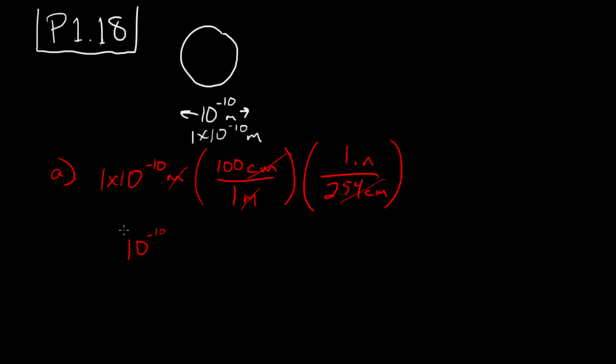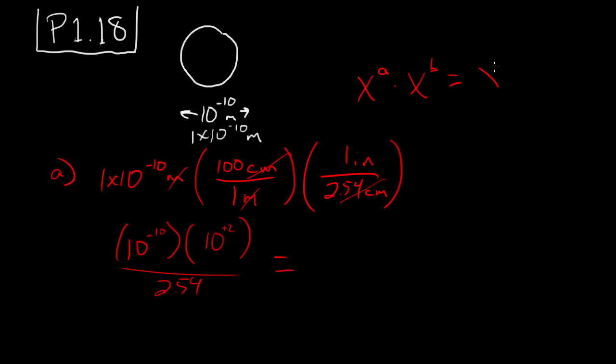Okay, we have 10 to the minus 10 from that first part. We have 10 to the plus 2 from the second part. And then we need to divide by 2.54. If you remember, x to the a times x to the b is just equal to x to the a plus b.